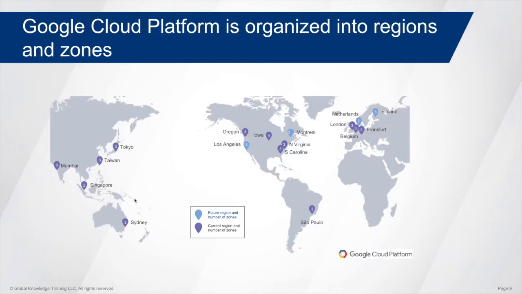So as you can see, Google has quite a big footprint, and they're expanding rapidly. Some of the regions here marked as future regions are already available, including the Montreal, Netherlands, and Finland regions. And Google's continuing to expand this out over the next few years.